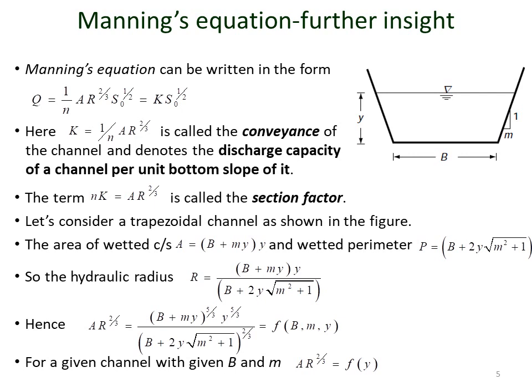So this is the function. Now note that for a given channel, the bottom width and the side slopes are given or pre-designed. So in that case, the section factor A R to the power 2/3 becomes only a function of the flow depth, or A R to the power 2/3 is a function of y.